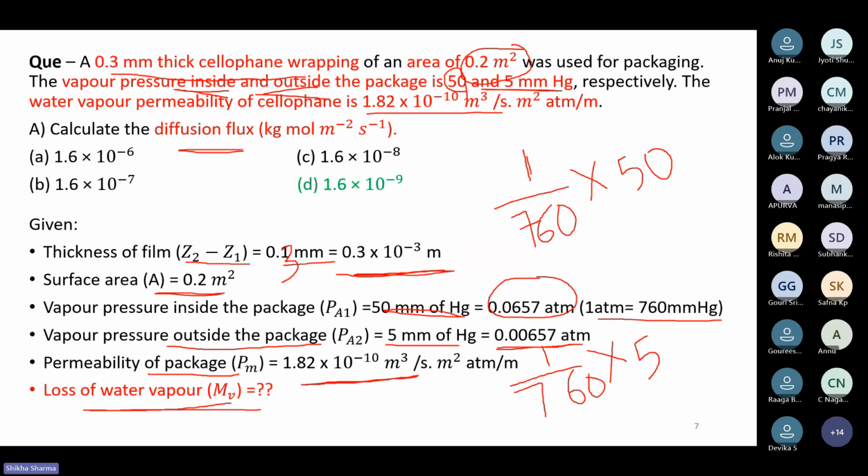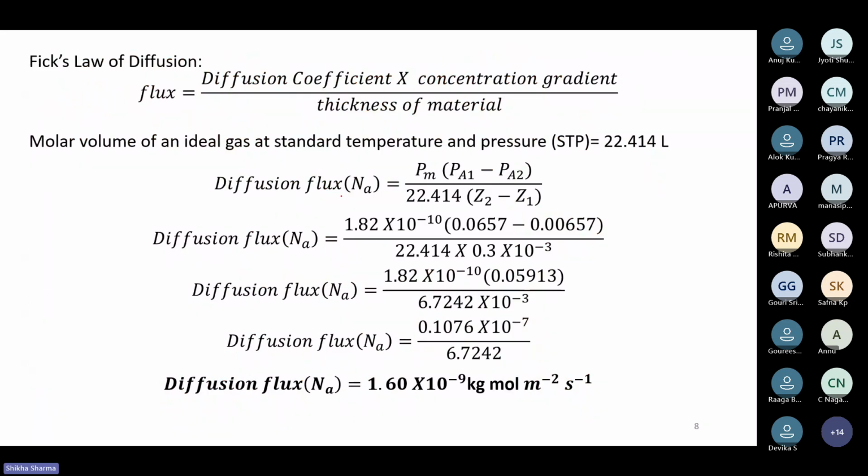So two things we need to calculate here. We know that according to Fick's law of diffusion, flux is equal to diffusion coefficient into concentration gradient upon thickness of the material. So in the first part we need to calculate diffusion flux.